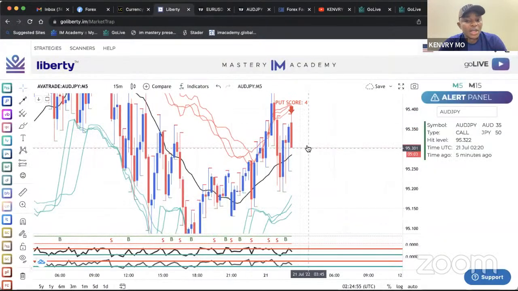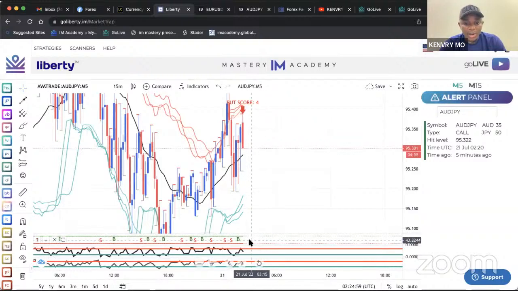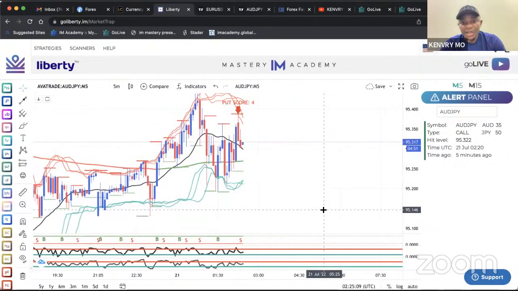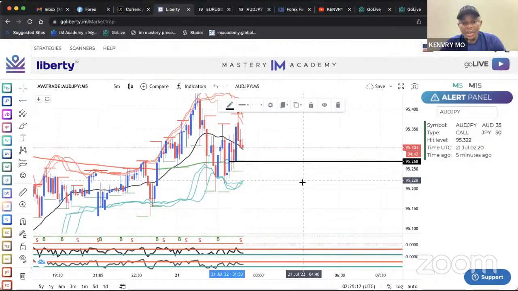So if you check it out, here we're in a buy. 15 minutes is not exhausted, which means the second area is going to be 15 minutes, but 5 minutes is going to be exhausted. And if you put in the factor on timing, that's really going to be a good trade.